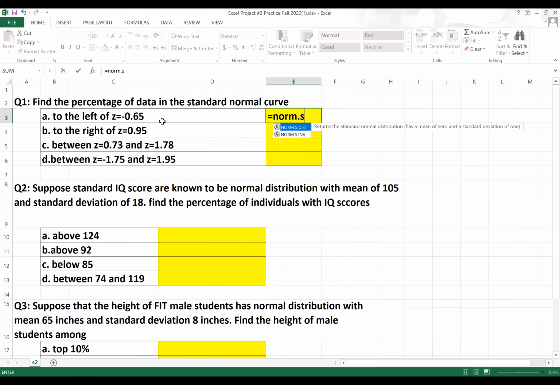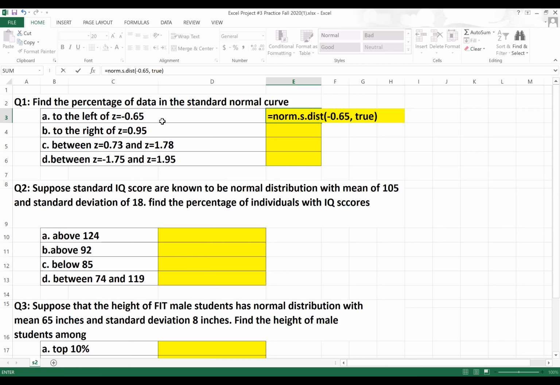So NORM.S.DIST. This is the formula you are using, with a z-score of negative 0.65. Okay, and you accumulate everything to the left, so putting the argument TRUE, meaning you are accumulating everything to the left. And you hit enter. And that gives you the result.